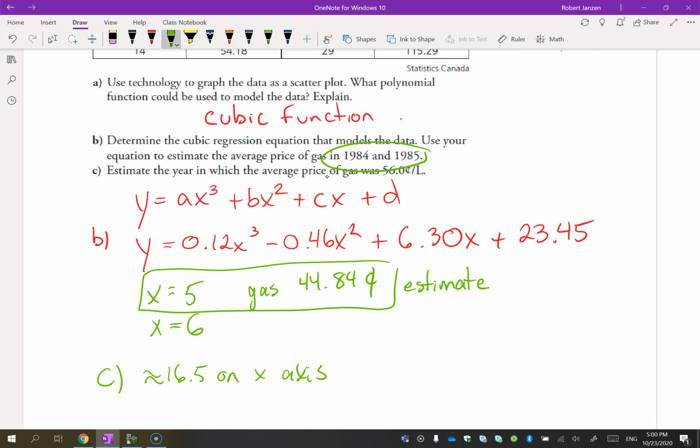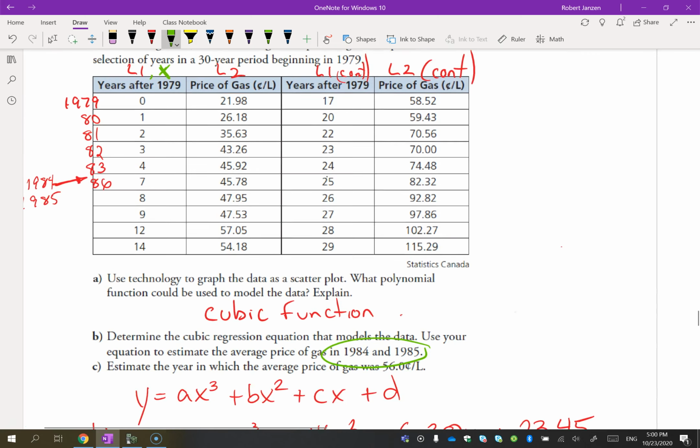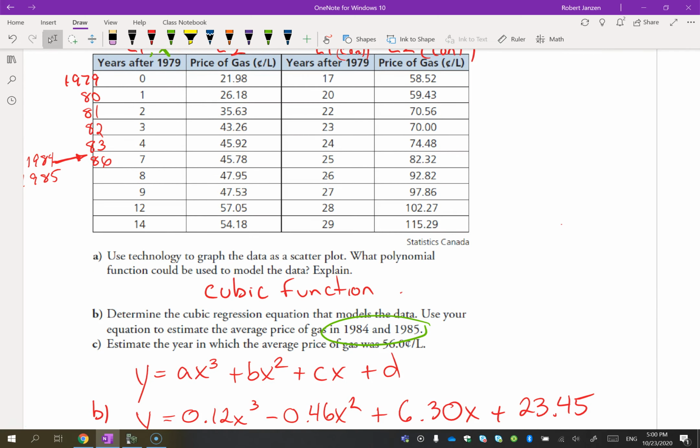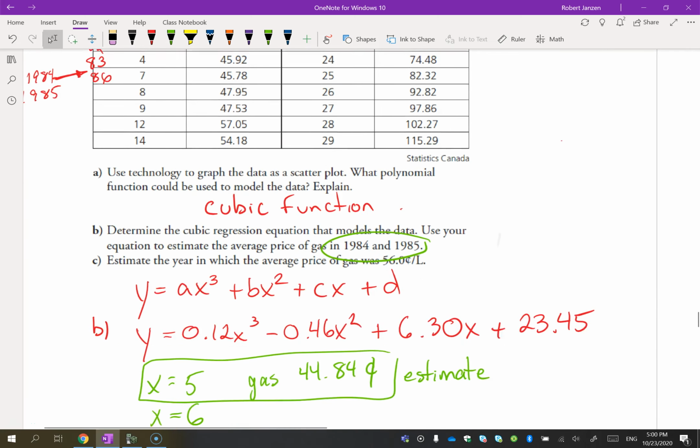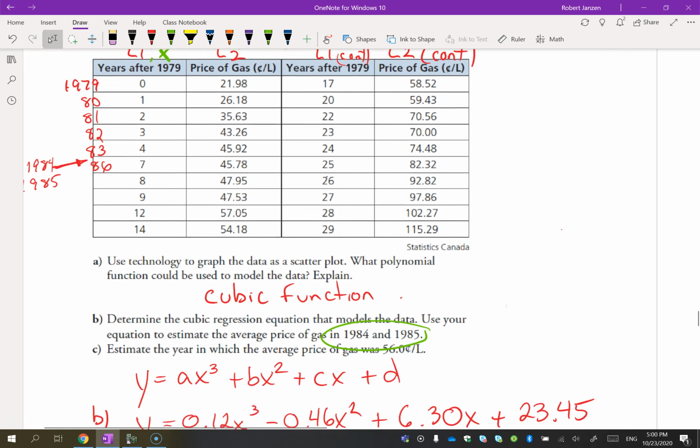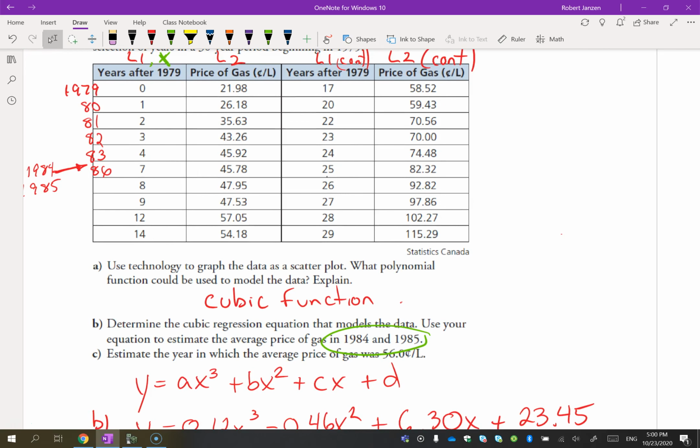Again we need to see where 16.5 is. What year is that? Well, this was 79, we got 86 here, this is 87, 88, and then 89, 90, this is 91, and then 92, 93. This is 93, and that's 14.